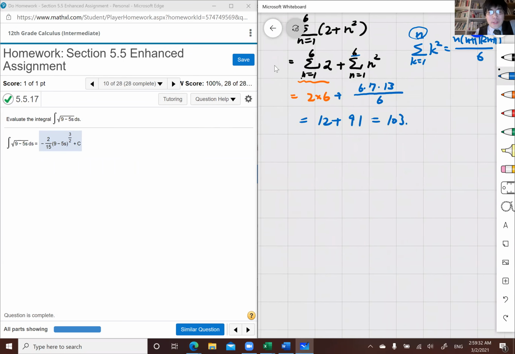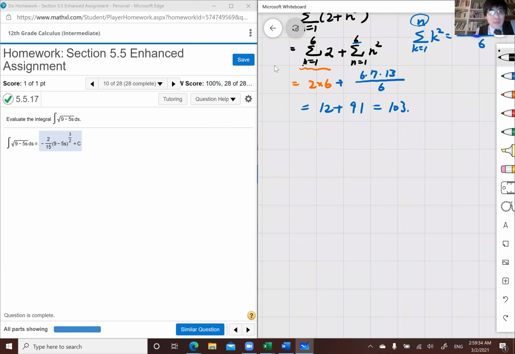Okay, go back to section 5.5. Problem number 10. Integral of the square root of 9 minus 5s ds.